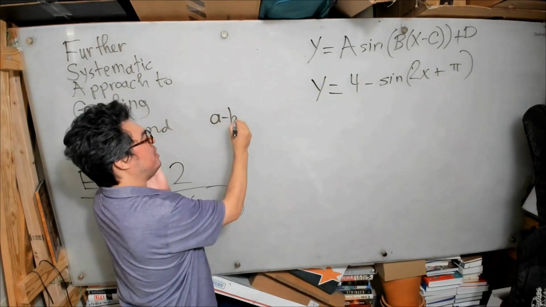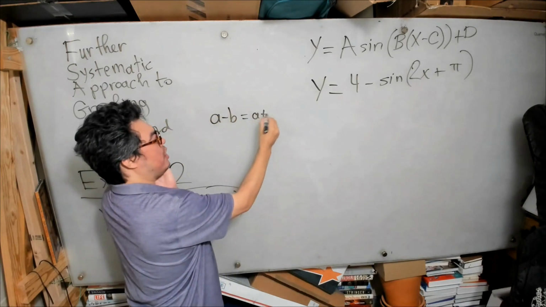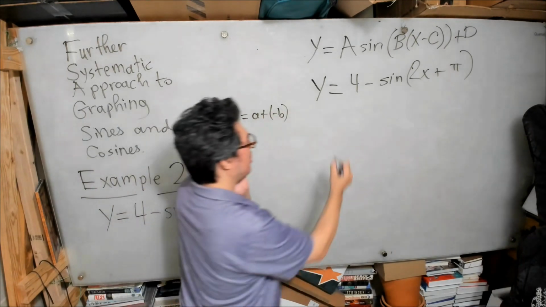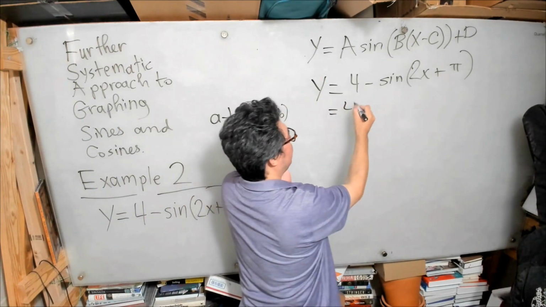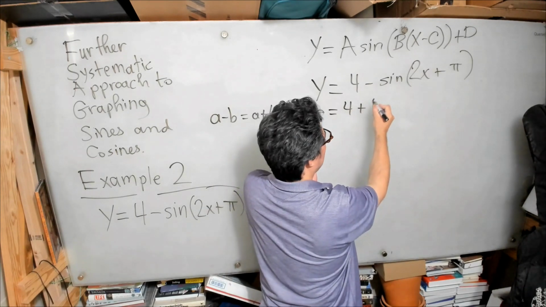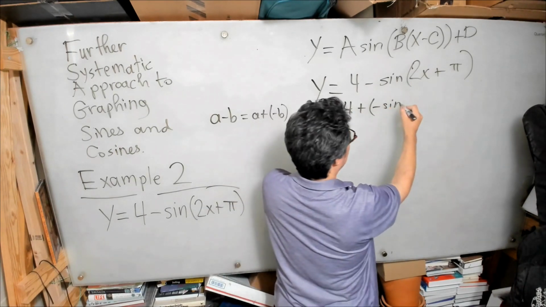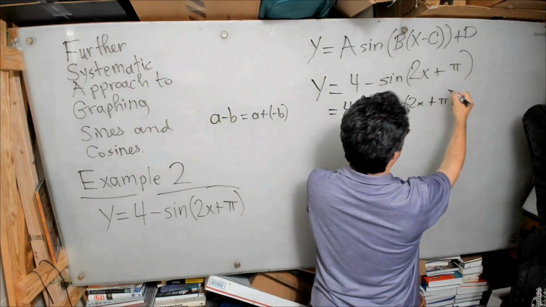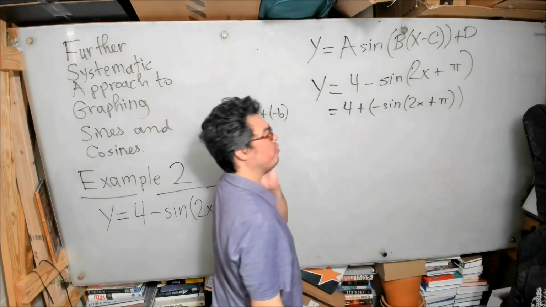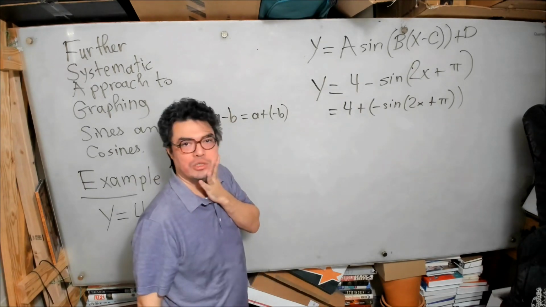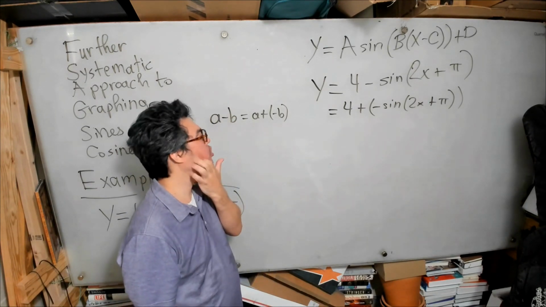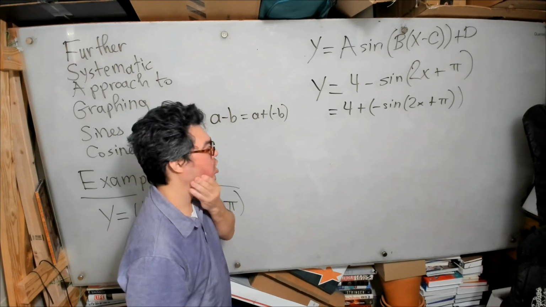a minus b is equal to a plus the opposite of b, right? So here we can see this as 4 plus the opposite of, in this case, the b is the sine of 2x plus pi, right? Once we've written it as an addition, we can immediately use the commutative law of addition.